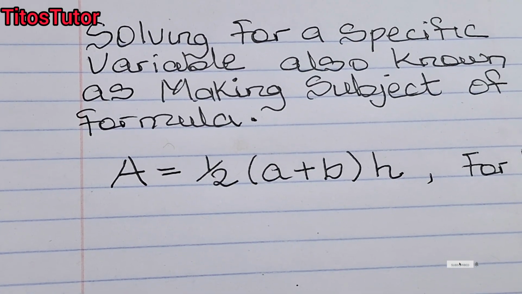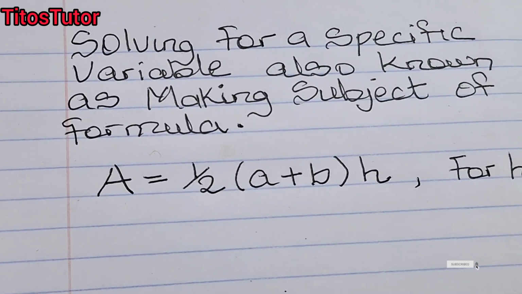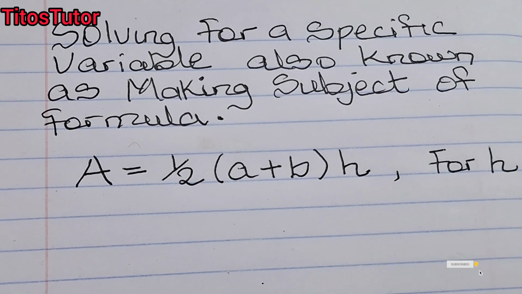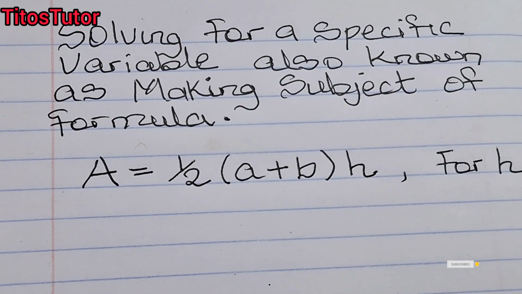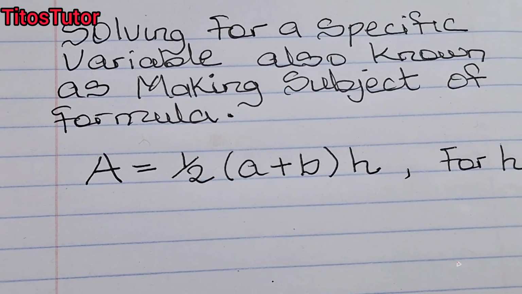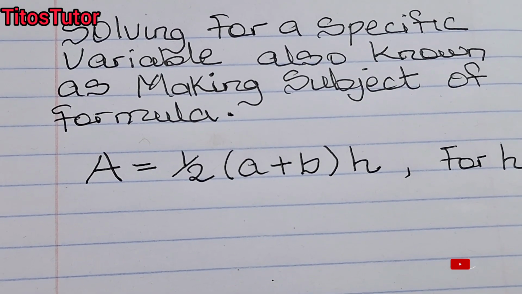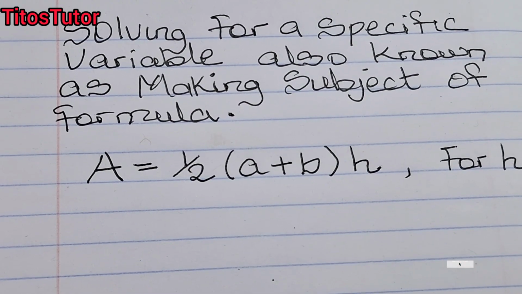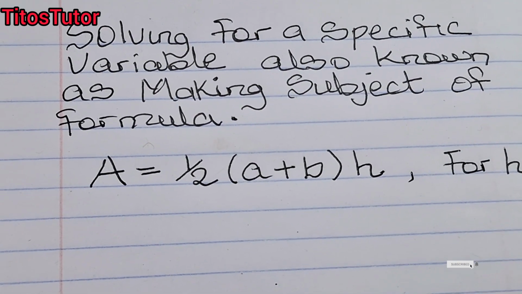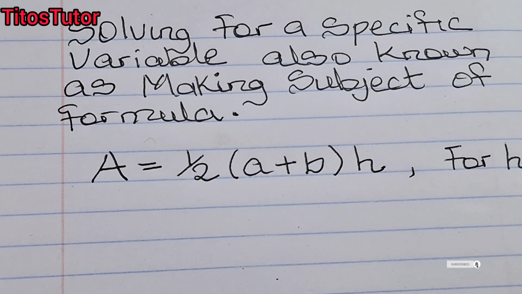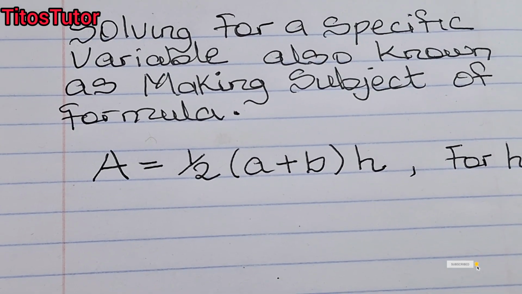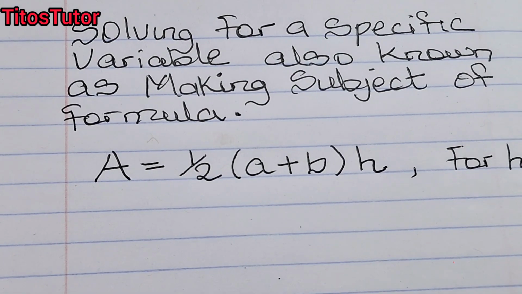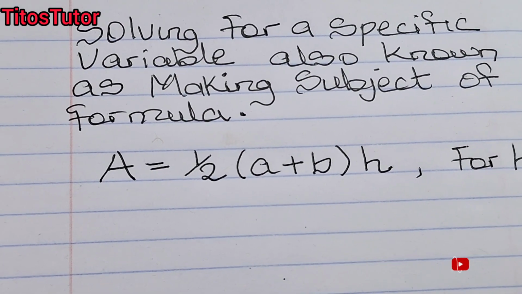For example, we can see here the formula for the area of a trapezium. Anytime we're looking for the area of a trapezium, we use A equals half open bracket a plus b close bracket h. But just imagine that the area is given to you and you're asked to find the height or even the length of one of the parallel sides.